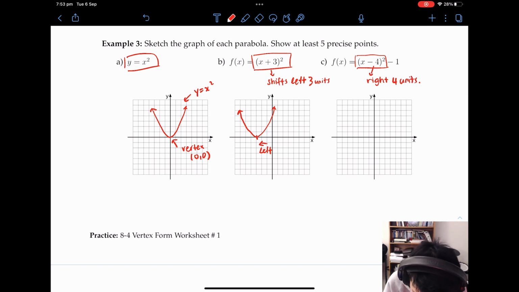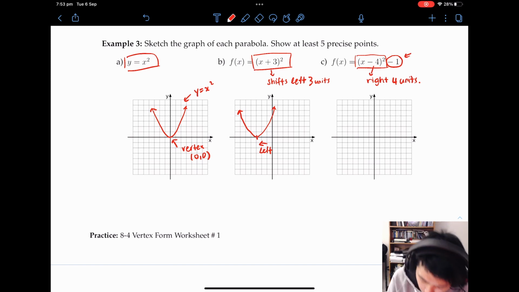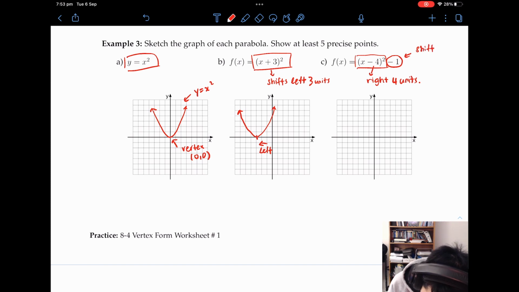And what this -1 does at the back is that's the number that controls up and down. So in this case, -1 means we've shifted the parabola down 1 unit. If it was +1, it would have shifted the parabola up 1 unit. And so this tells us that we're shifting the parabola down 2 units.